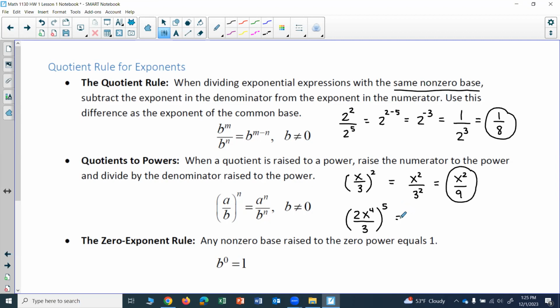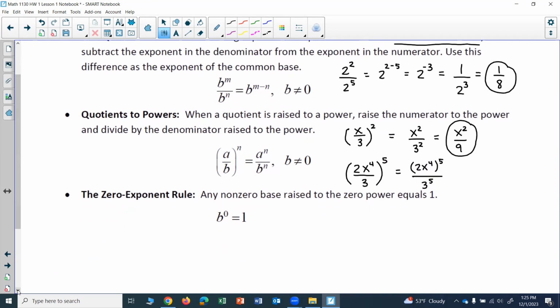So using the rule we just learned, I would write that as 2x to the 4th in parentheses raised to the 5th power divided by 3 raised to the 5th power. Now I have to use some of the previous exponent rules that I learned.